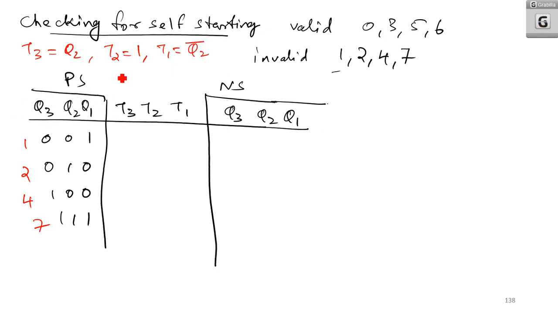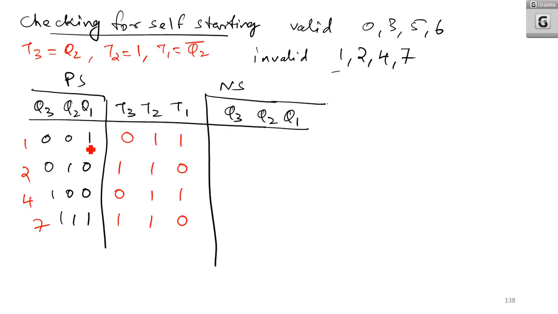So T3 is equal to Q2 directly, so it is 0, 1, 0, 1. What is T2? T2 is 1. What is T1? T1 is Q2 bar. So 0 becomes 1, 1 becomes 0, 0 becomes 1, 1 becomes 0.